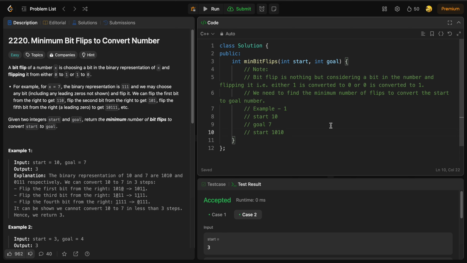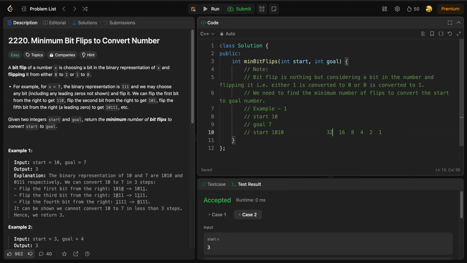Like in binary representation, how we would represent a decimal number: we start from right to left, and on the right we have 2 power 0, which is 1, followed by 2 power 1, that is 2, followed by 2 square, that is 4, followed by 2 cube, that's 8, followed by 2 power 4, 16, followed by 2 power 5, 32.